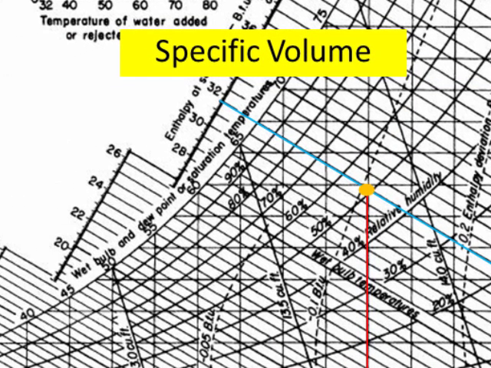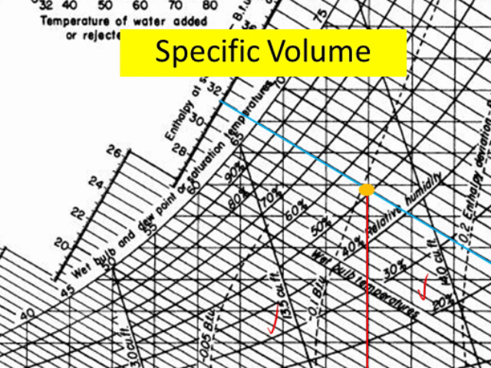For a specific volume, we see the point is between the two specific volume lines of 13.5 and 14. We need to interpolate.